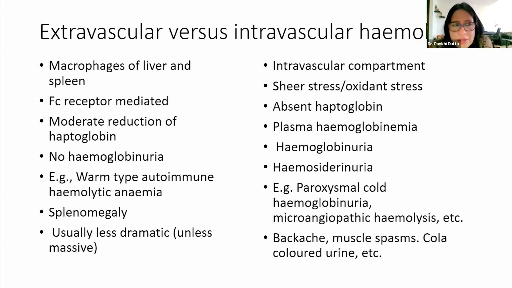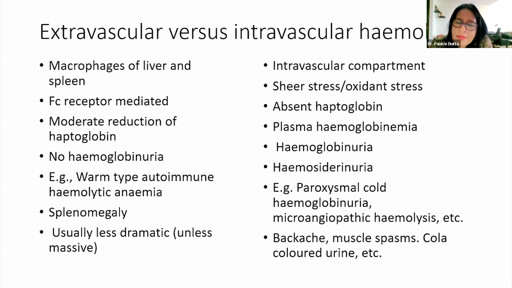Examples of extravascular hemolysis are, most of the time, autoimmune hemolytic anemias, more so the warm type. You can have some splenomegaly, some history of jaundice, but usually extravascular hemolysis is a less dramatic presentation. While when we talk about hemolysis, what we imagine is cola-colored urine, the patient has fever, backache, muscle spasms; this is all seen in intravascular hemolysis.